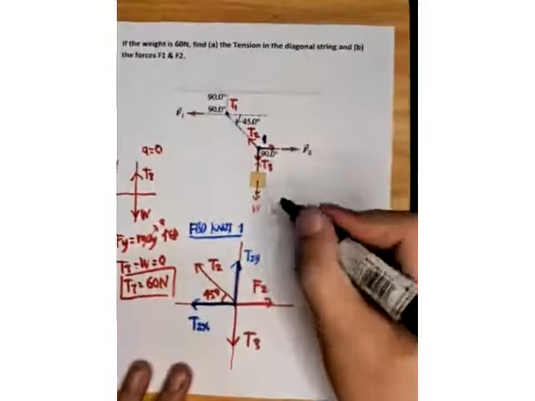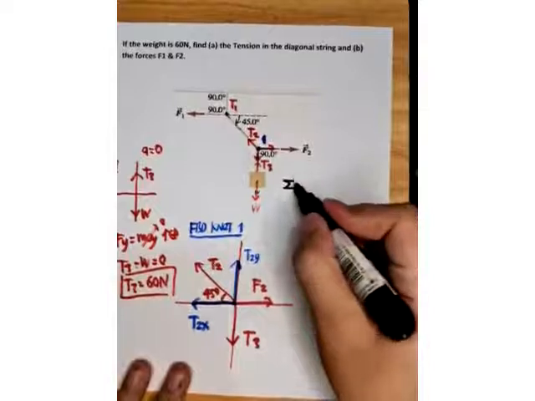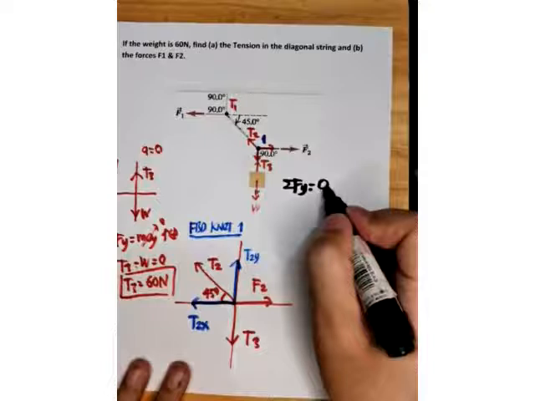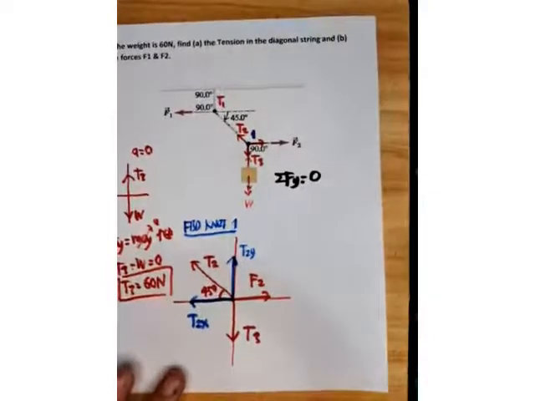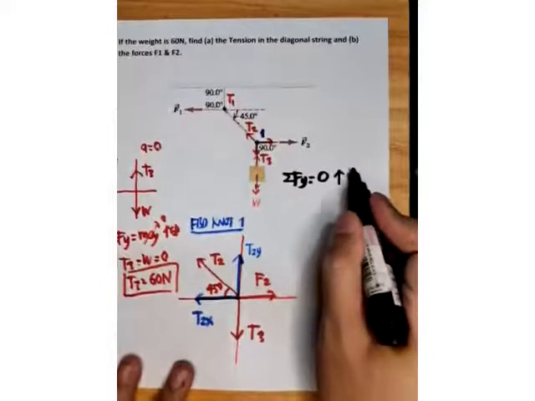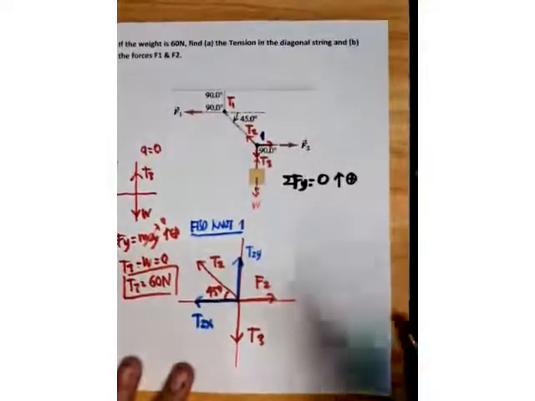Tama ba? So, hindi natin siya pwedeng kunin along x. So, unahin na natin siya sa y. So, let's have the summation of forces along y is equal to, pwede ba yung diretso ko na 0? Kasi it's not moving naman. So, it's 0. So, we'll have pataas ay positive. Kasi acceleration ng buong system is 0.